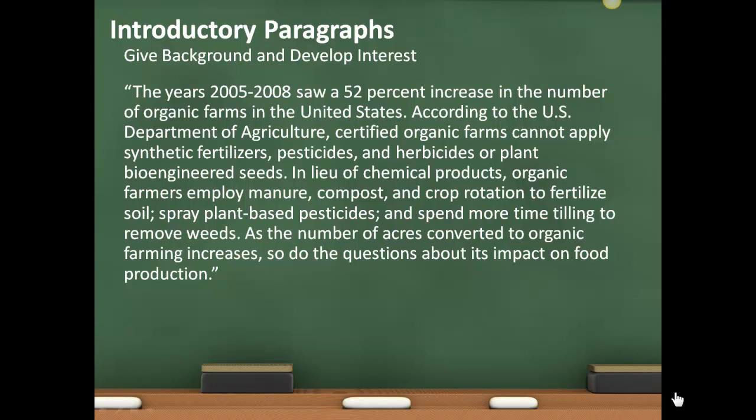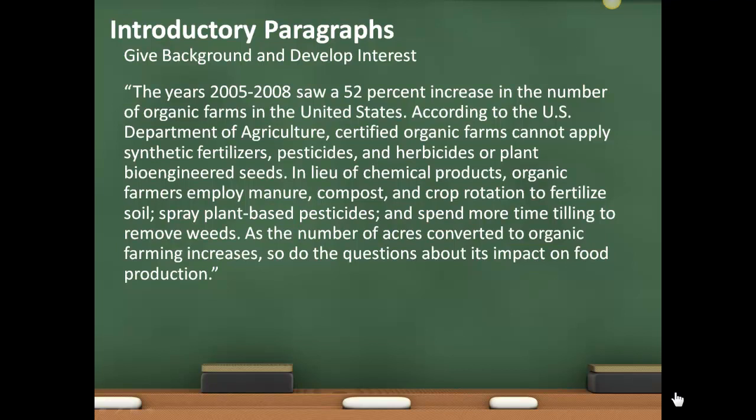the body paragraphs. So thinking about that introduction that started with the statistic about organic farming, the introduction goes on to explain a little bit about what organic farming is, gives that background, and then also begins to hint at the problem or the question that is going to lead us toward a thesis statement.